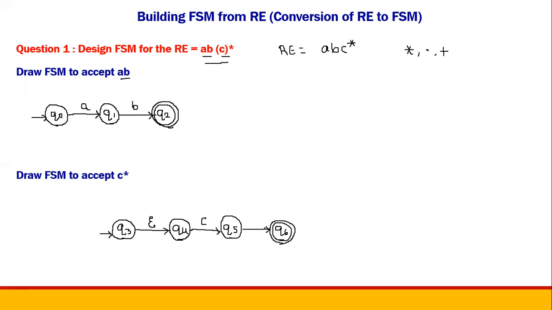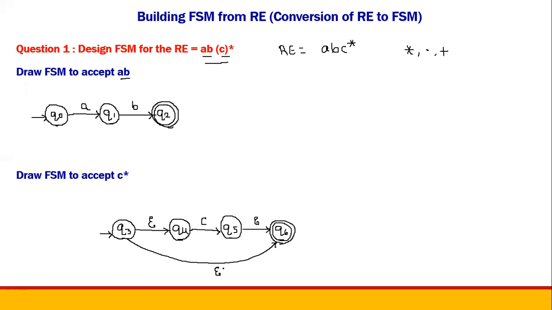So it will read epsilon, then read the symbol C, and then reach the final state. Since it is C star, it can also reach the final state without reading C. It is like zero or more occurrences.